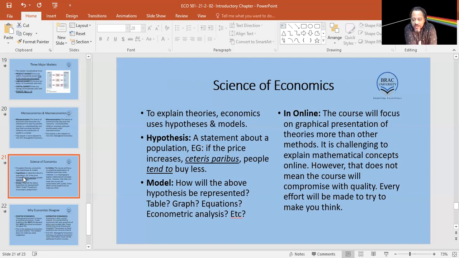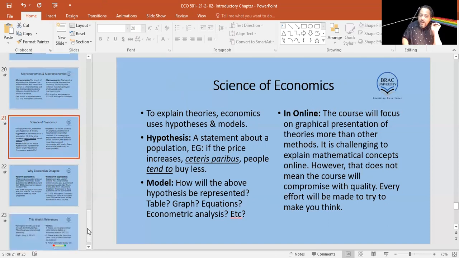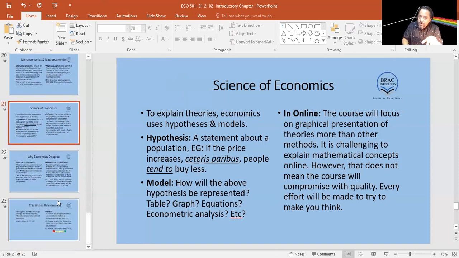However, that does not mean that the course will compromise on quality. Every effort will be made to try to make you think. If you're afraid of maths, then this is good news. But it's not entirely good news, because I will be asking intuitive questions which you will tackle.